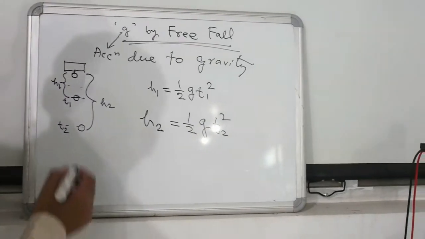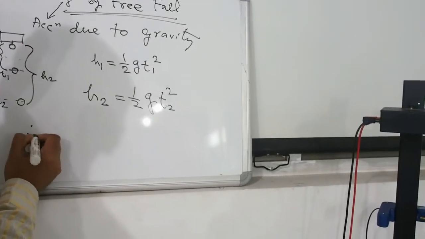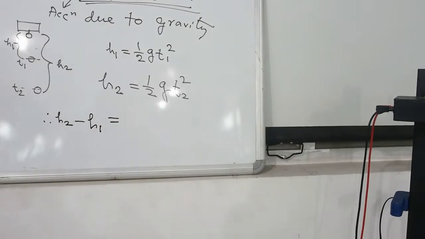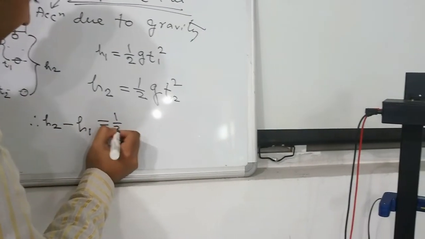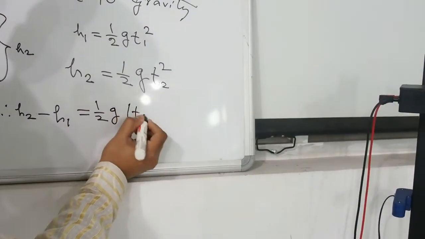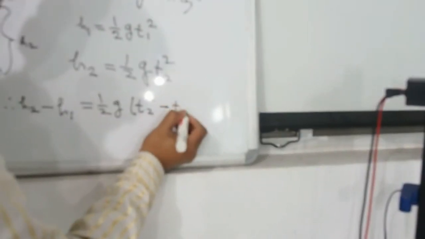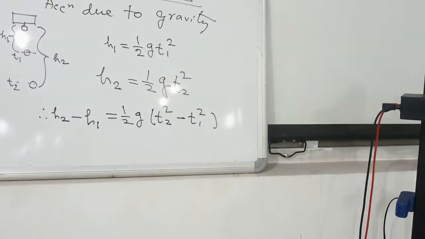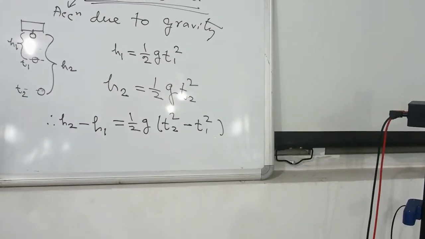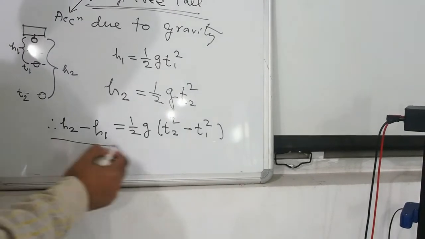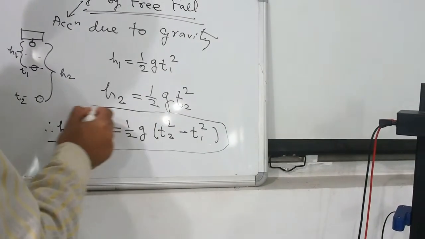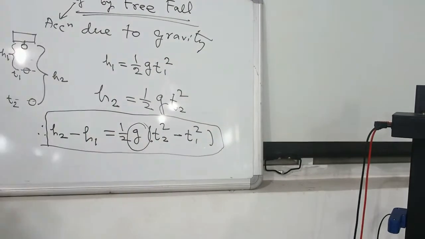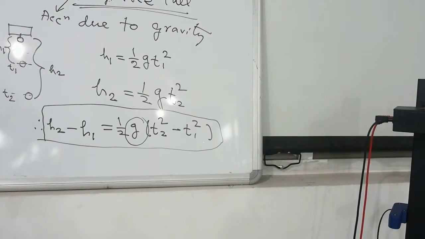If we do h2 minus h1, we will get half g (t2 square minus t1 square). From this we can get this g, which is the acceleration due to gravity.